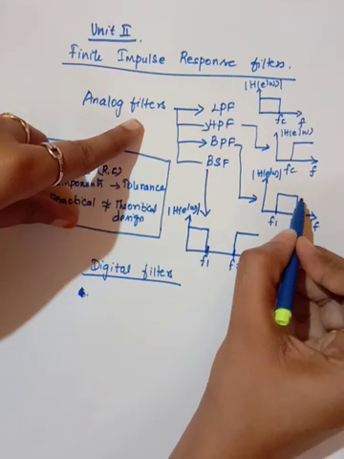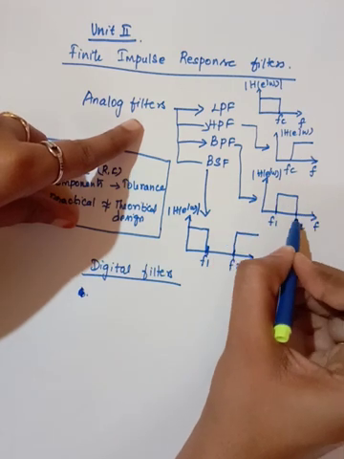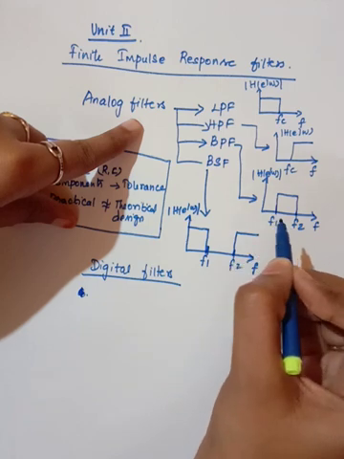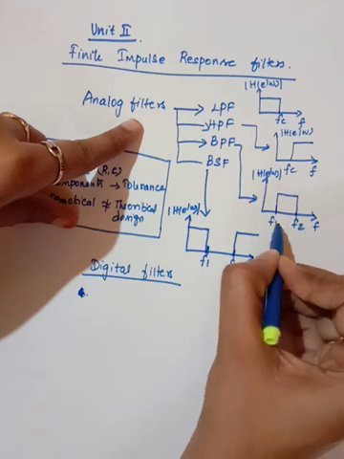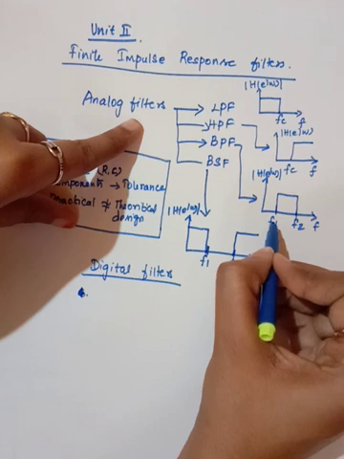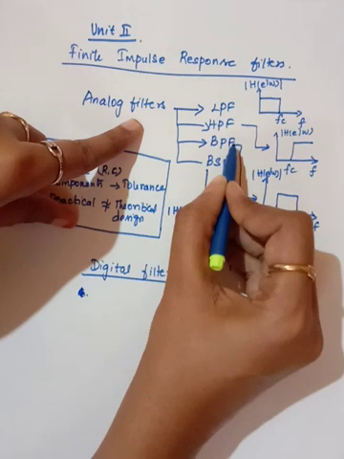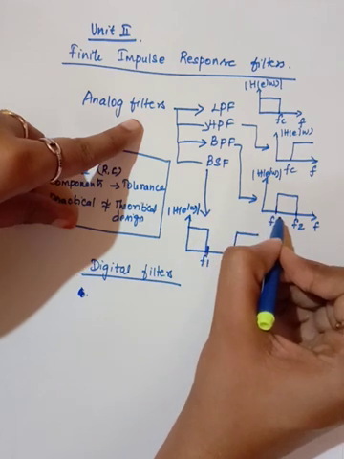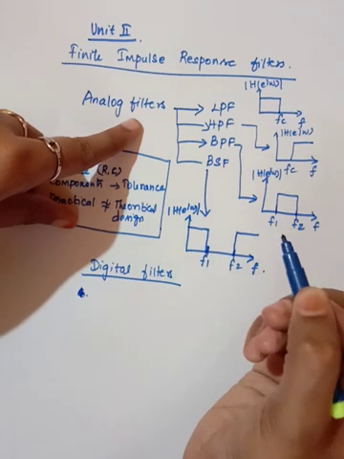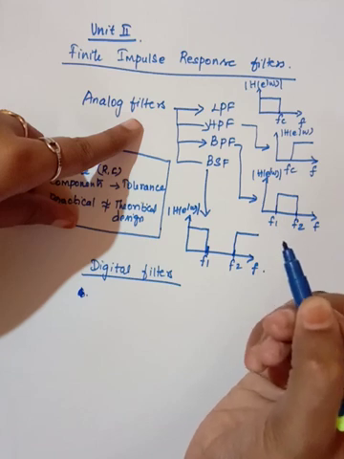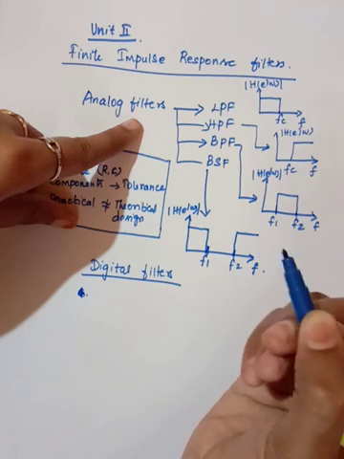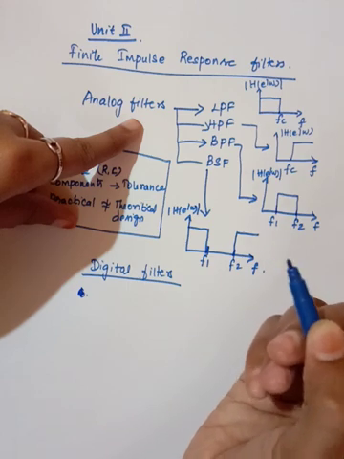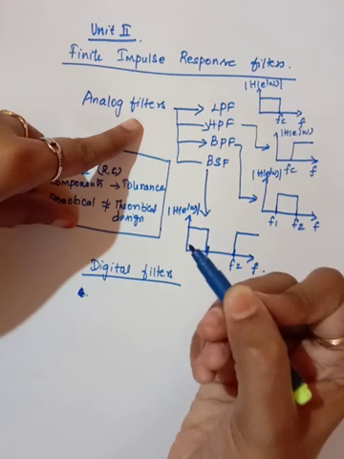Normally in real time, our voice or any real time signal will have a frequency range from f1 to f2, so we will use only a band pass filter. Suppose I am speaking, and consider my voice has a maximum frequency of 60 hertz and a minimum frequency of 40 hertz.